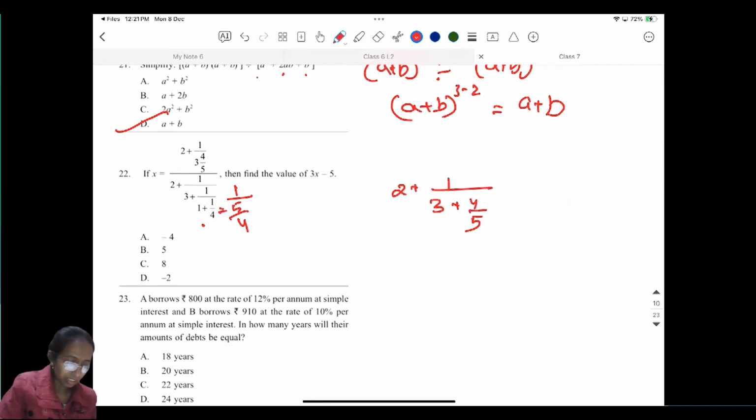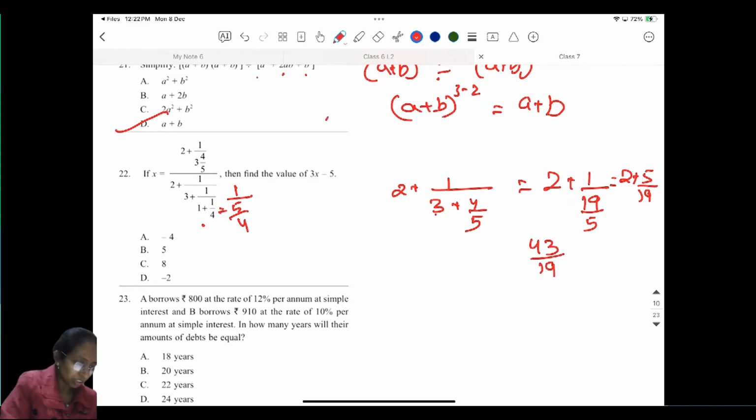Now, when you take the LCM as 5, that is 15 plus 4, 19. So you have 2 plus 1 upon 19 by 5, and taking the reciprocal of 19 by 5, you have 2 plus 5 by 19. So we have 43 by 19. The total denominator we are getting is 43 by 19.